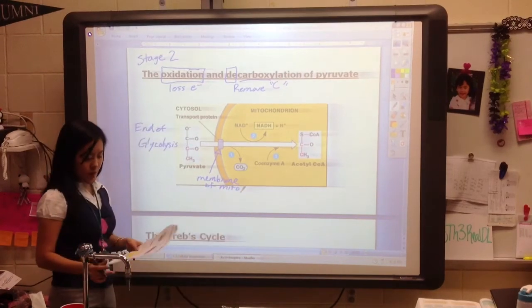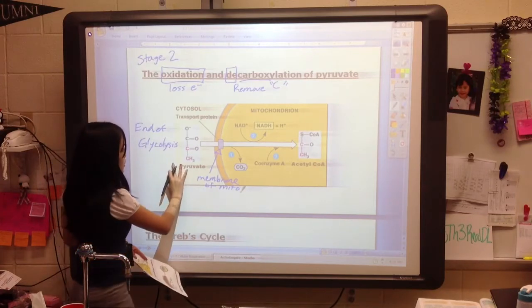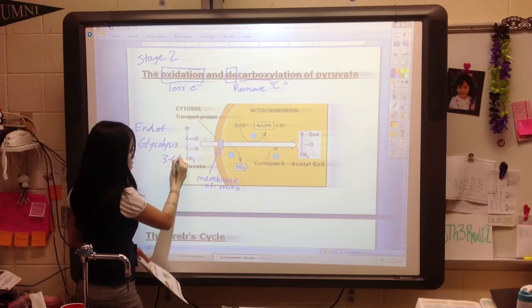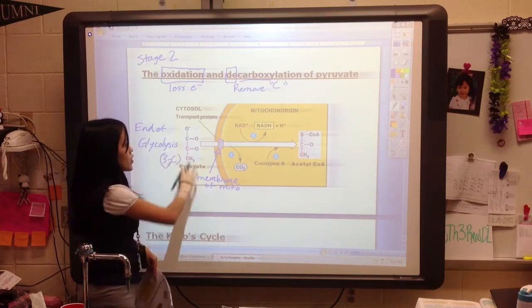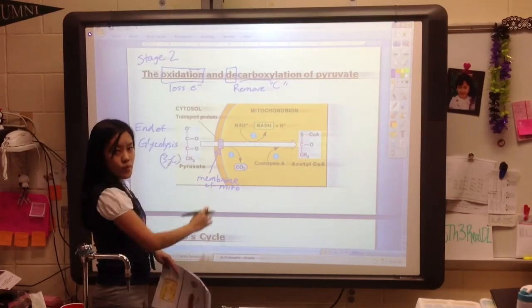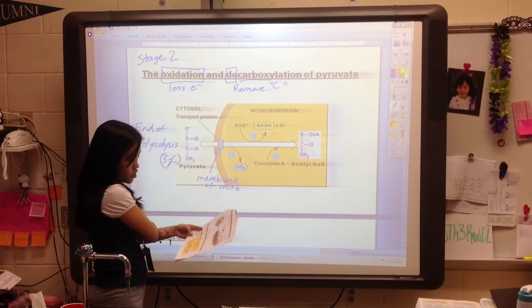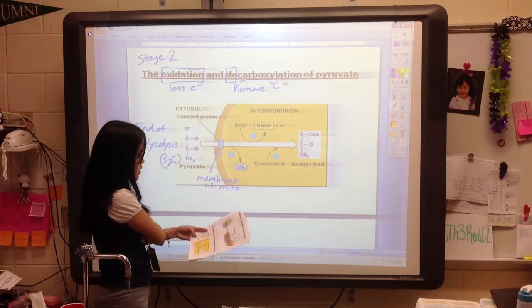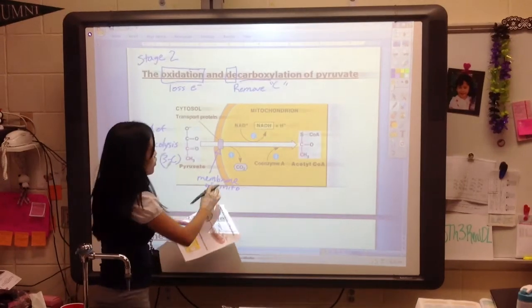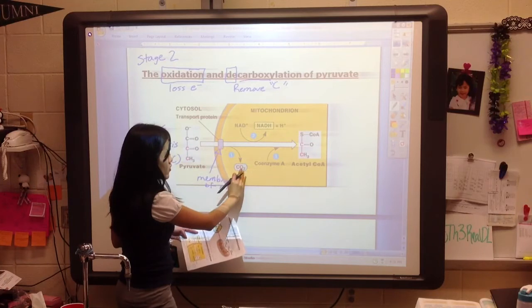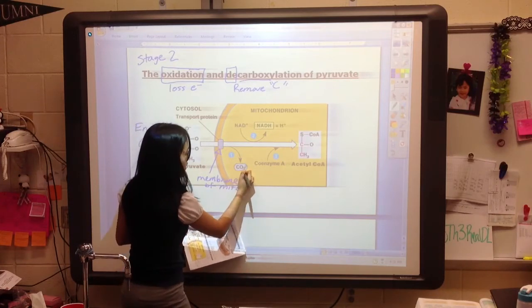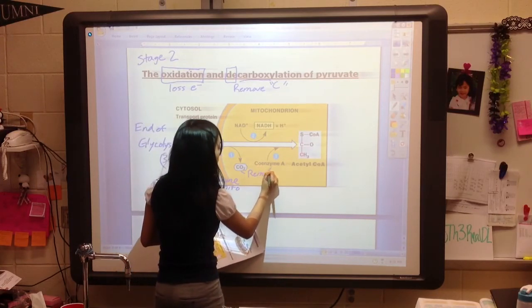Okay, in the membrane of the mitochondria, you have your pyruvate. It's a 3-carbon molecule. It goes through a transport protein, and while it's moving through the membrane, that transport protein will remove a carbon.